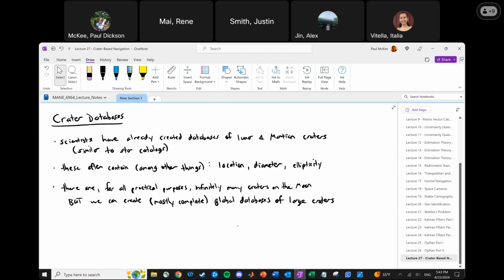So one example, and it's the one that I'm going to focus on, is what's called the Robbins Crater Database. And actually, there are not one, but two Robbins Crater databases, one for the moon and one for Mars. The Robbins Crater Database has more than 2 million entries, a large but finite number.